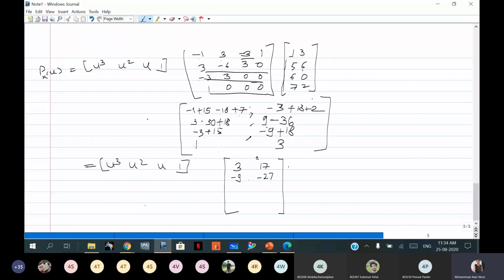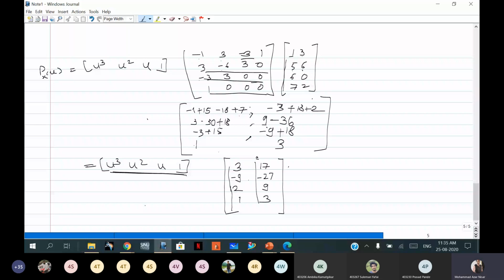Now to get the p of x equation, you have to multiply this row into this, and you will get the equation for px of u. For py of u, you have to multiply this row.